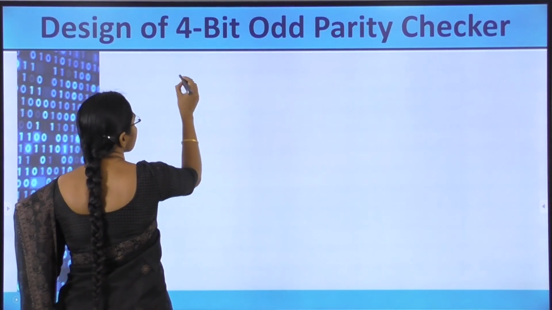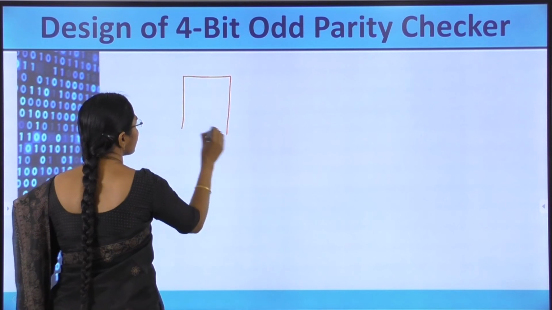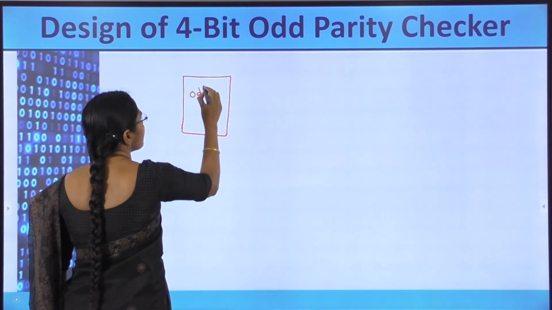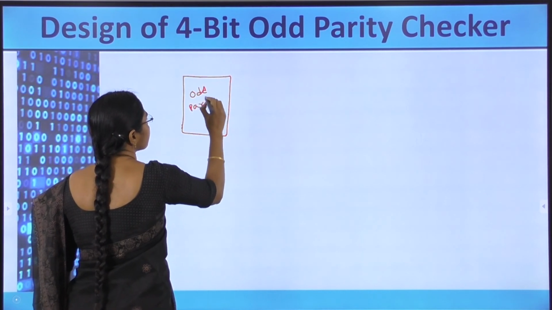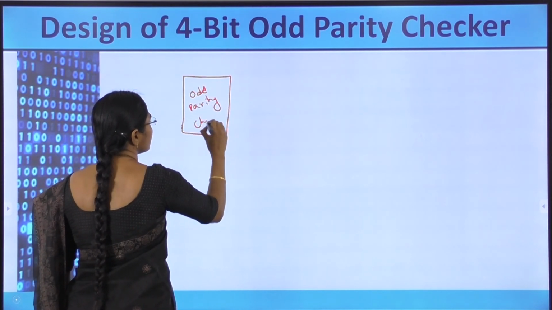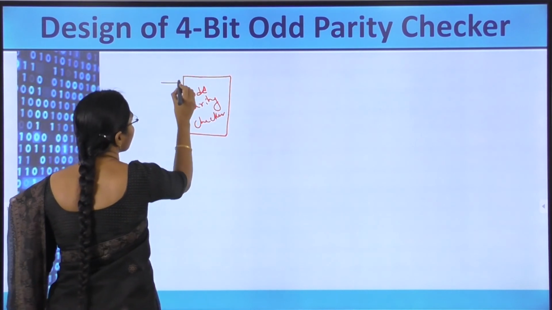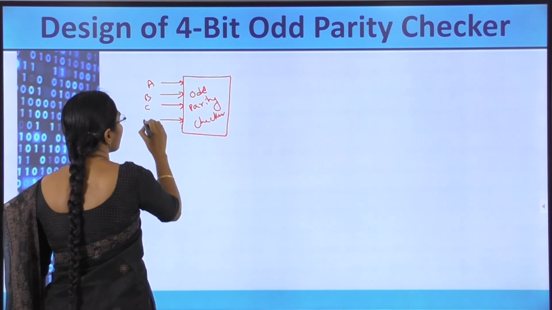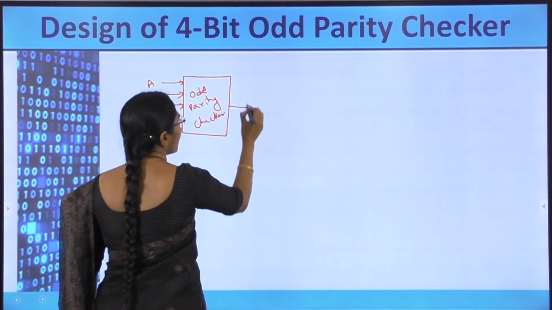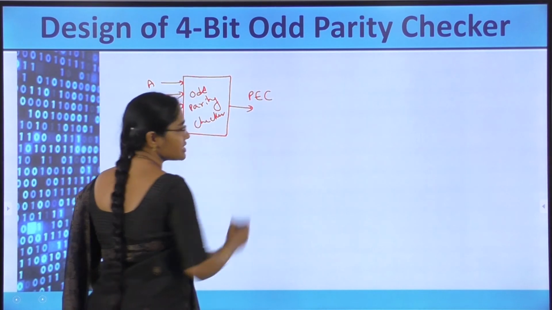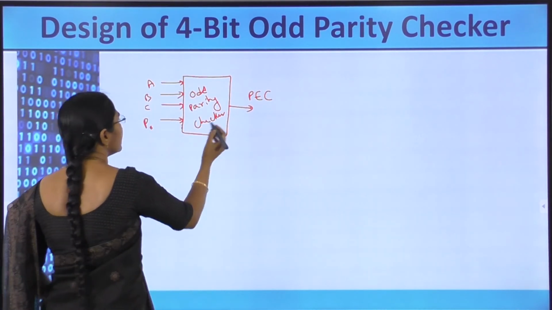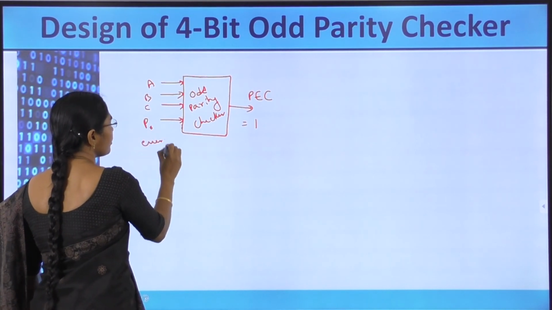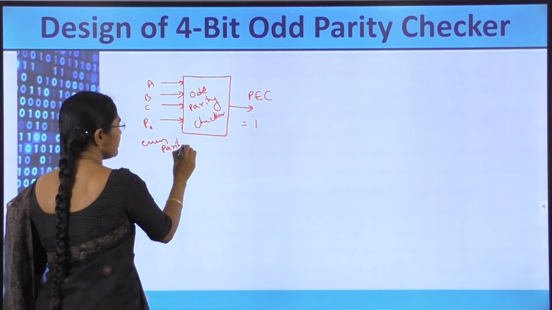4-bit odd parity checker, first represent it in terms of its block diagram. Inputs are 4 bits A, B, C along with the P0. The output bit is taken as PEC, and it will generate 1 if an even number of ones are received.